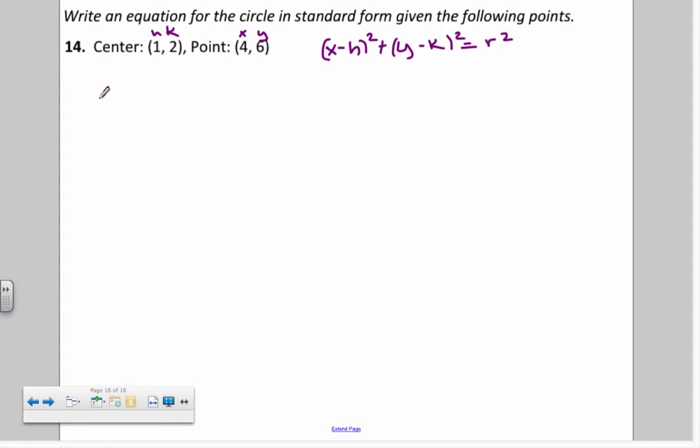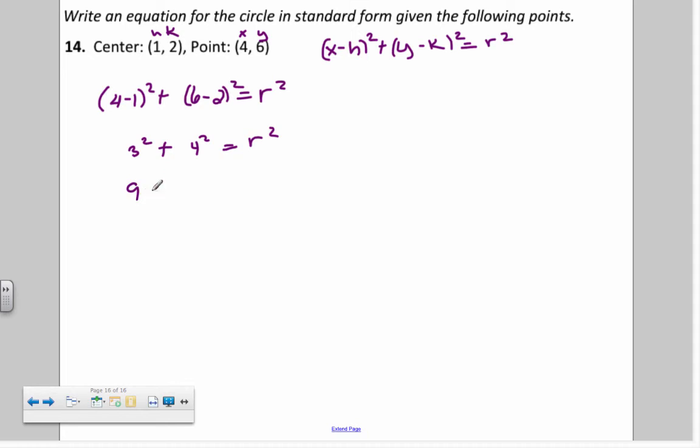So I'm going to start with x minus h. So that's going to be 4 minus 1 squared. Then I'm going to have y minus k. That's going to be 6 minus 2 squared. And again, I don't know what r squared is. So I know 4 minus 1, that's 3 squared. And 6 minus 2, that's 4 squared. And that should give me r squared.